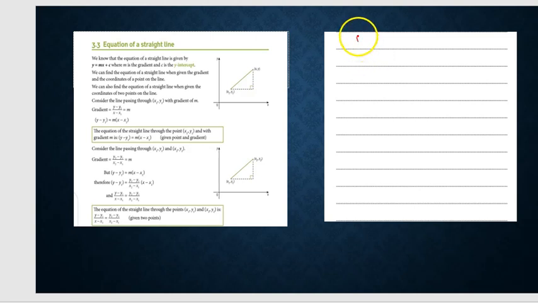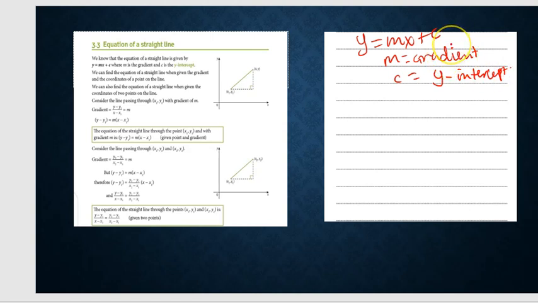So we know that y equals mx plus c is the equation of a straight line, where m represents the gradient, and c is the y-intercept.